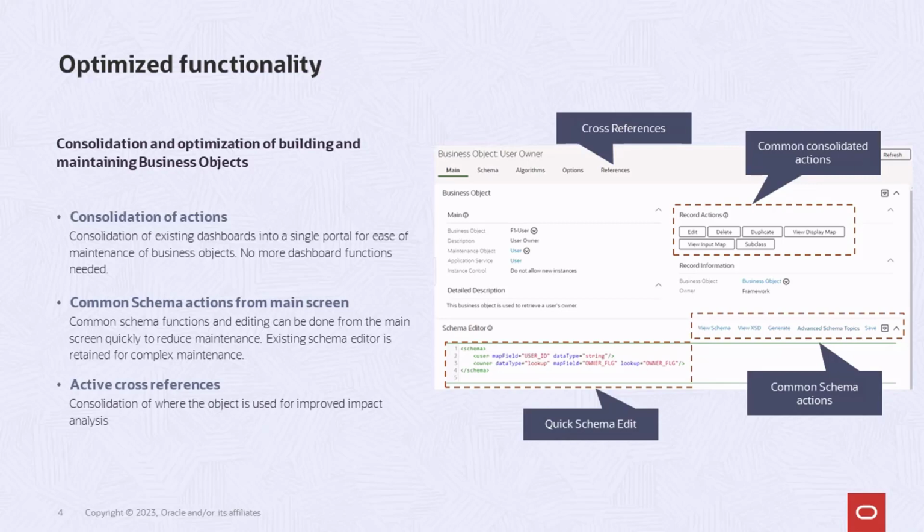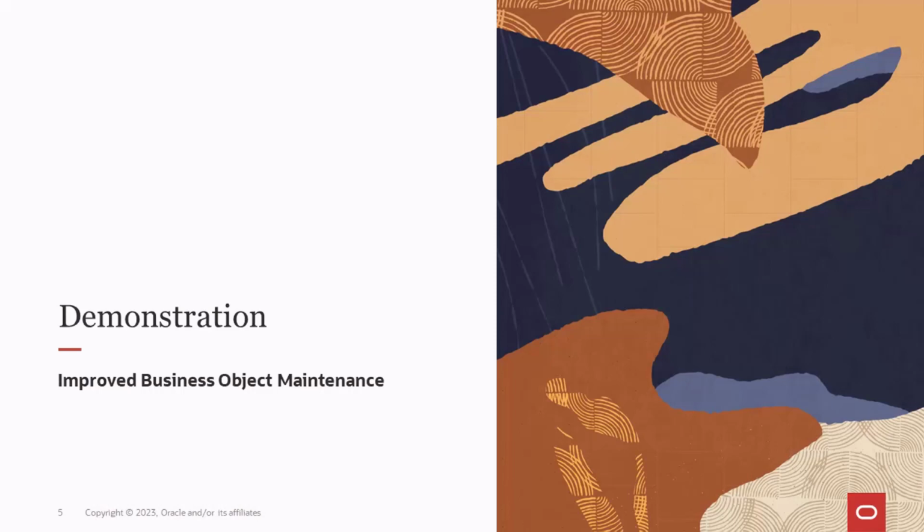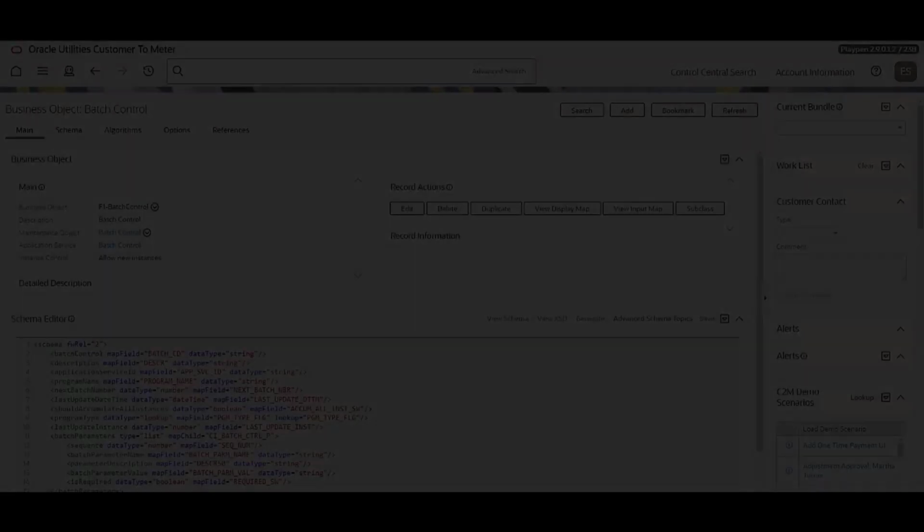Existing schema maintenance has been retained for more sophisticated development. And finally, active cross-reference is now included in maintenance to allow developers to assess their business object definitions, which are used for better impact analysis. Now let's take a look at the improved business object maintenance.